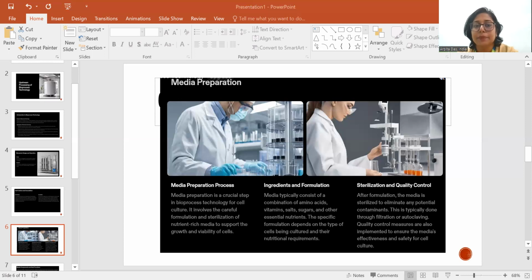Now we know that there are two main types of water, hard water and soft water. Hard water means that inorganic salts are present. And soft water is very soft and does not contain any salt. So which water is suitable for this media formulation? If you think cleverly, that is soft water.